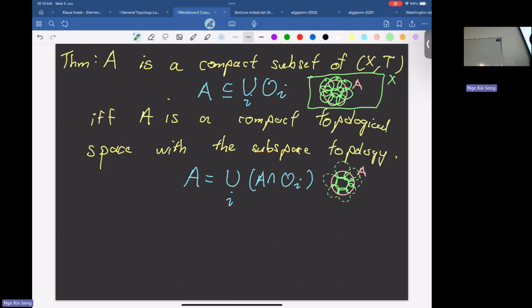Why can you start with an open cover? You can always cover it. Why? Because you have a topological space, and you at least have the whole space as an open set. The whole space must contain your subset, so you at least have X to cover it. But the problem here is you don't just consider this kind of covering. You might have other coverings.